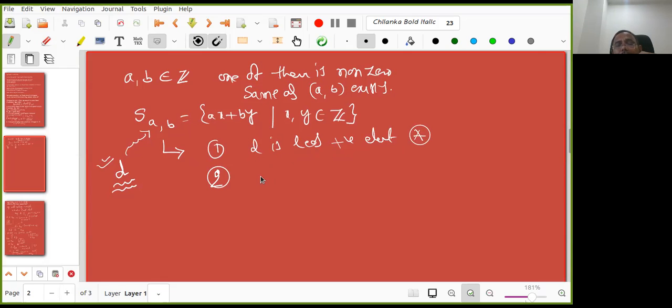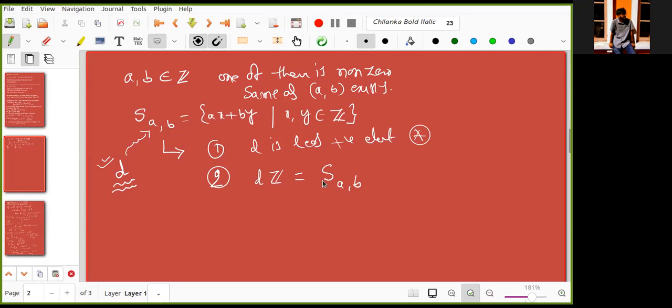What is the second thing we proved? Once D comes, DZ is equal to S_AB. So these are the two things we proved. How we proved: DZ is contained in S_AB, and S_AB is contained in DZ. We need to be clear how we proved those. DZ contained in S_AB is easy, because D is already an element in S_AB.